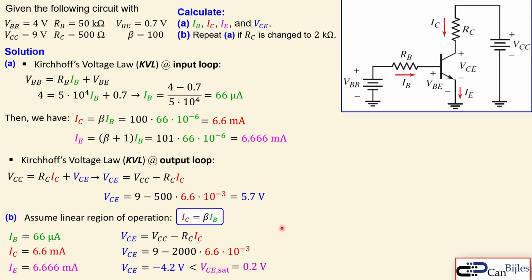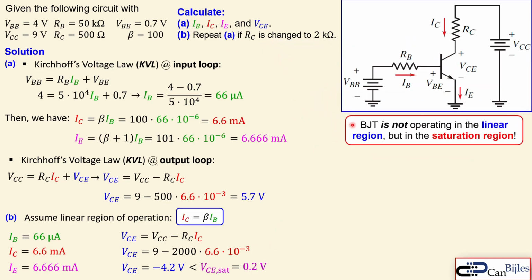Then we need to start over, because the BJT is not operating in the linear region but in the saturation region. That means the following: VCE is now set equal to VCE SAT, which is 0.2 volts. So the voltage between these two nodes is 200 millivolts.